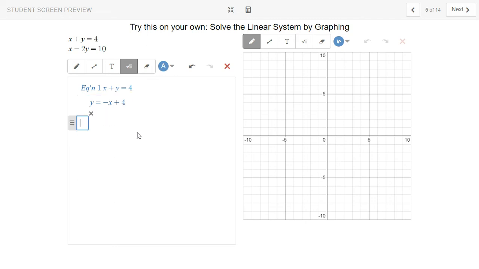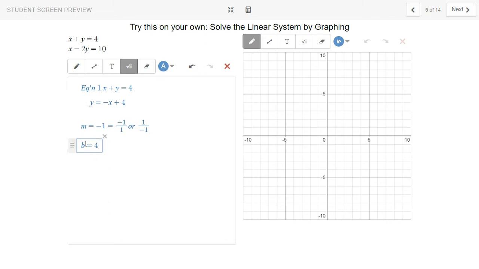Now that tells us I have a slope of negative 1, or I could say negative 1 over positive 1, or positive 1 over negative 1, and my y-intercept is 4. Let's plot that.